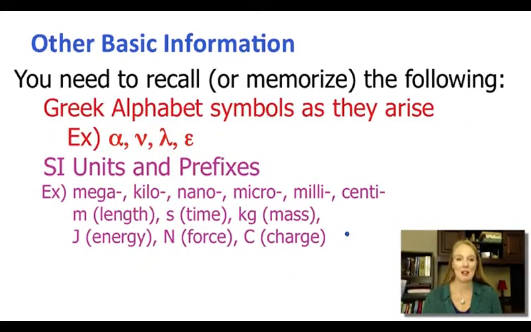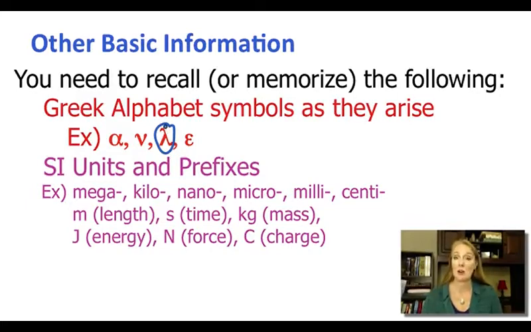Other basic information that you might want to memorize as it comes along are things like the Greek alphabet symbols as we use them. So if I say c equals lambda nu, and I write that equation, you need to know that when I say the word lambda, I mean this symbol right here. Finally, it's a really good idea to know the common SI units and prefixes.